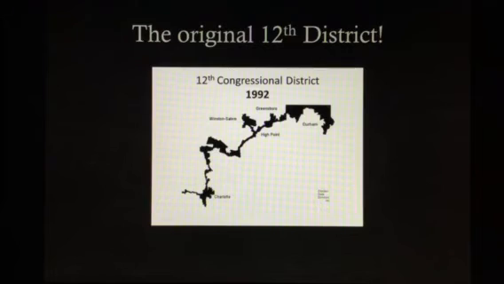After the 1990 census came out, North Carolina gained a 12th seat. It had 11 seats from 1980 to 1990. Then the census came out in 1990. We gained another seat to the House of Representatives. The Democrats controlled the General Assembly at the time, and they created this 12th Congressional District. If you take a look at it, it takes part of Durham, Greensboro, High Point, Winston-Salem, Charlotte.